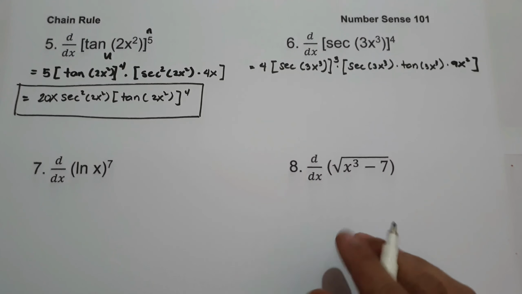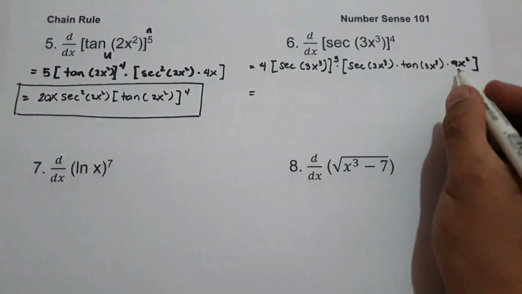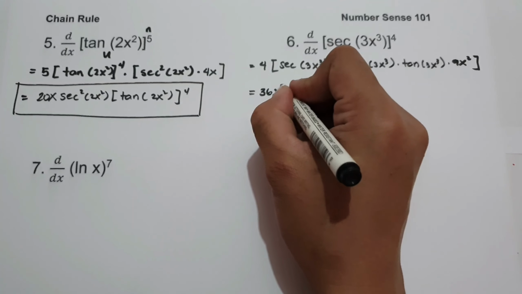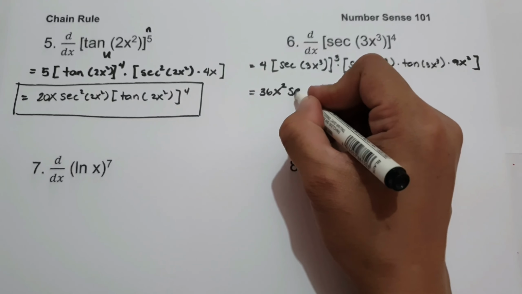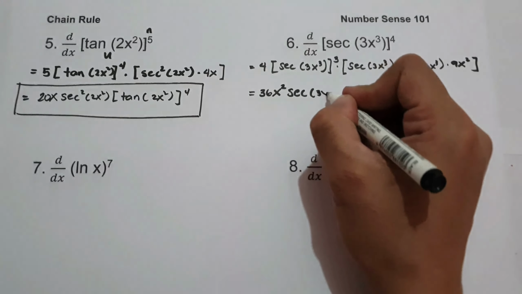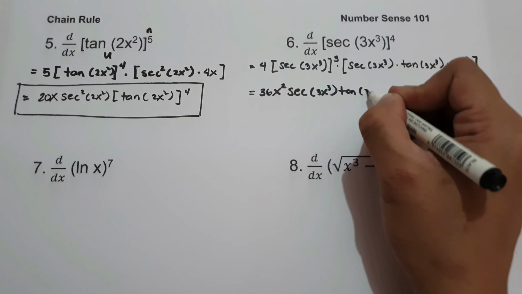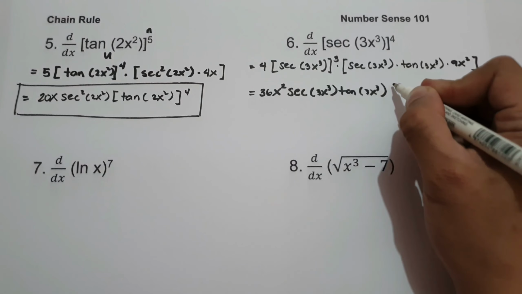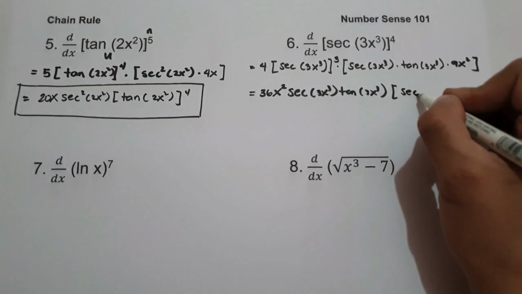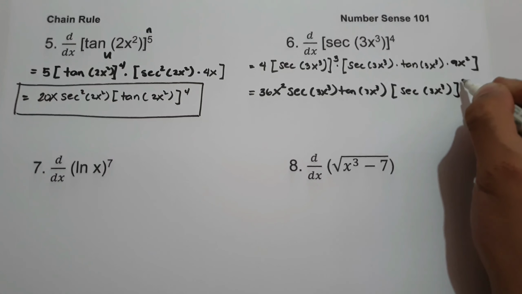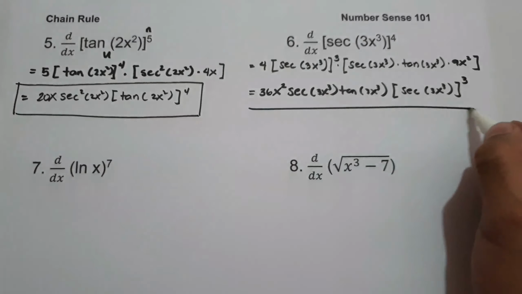And to write our answer, we are going to have 4 multiplied by 9x squared, that is 36x squared, secant 3x cubed, tangent 3x cubed, multiplied by secant 3x cubed raised to 3. And this will be our answer.